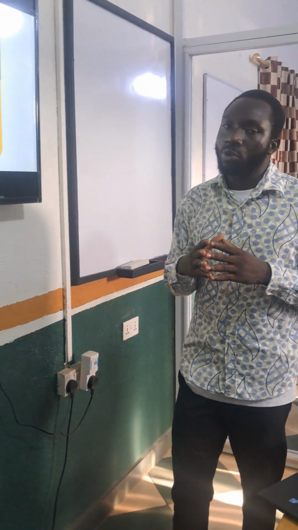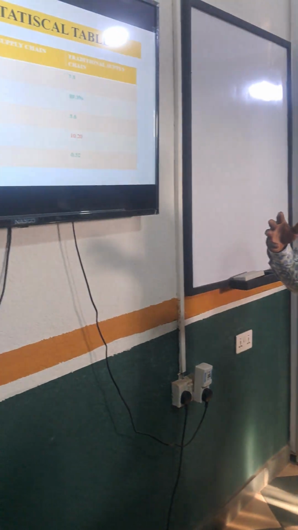When an order is placed, they will find the nearest center that is closer to you. Then they will deliver the product you ordered very quickly to you. So these are real world examples that we can see.